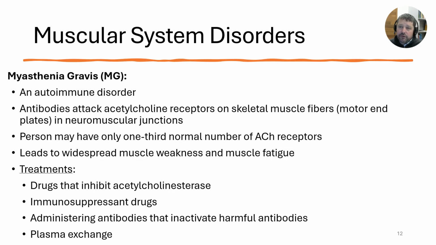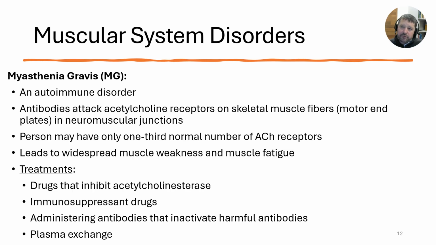You can use immunosuppressant drugs that suppress the production of these antibodies, but again, this could be problematic and could cause the individual's immune system to be hampered. You could administer antibodies that directly outcompete the antibodies the body has made, so it inactivates them.